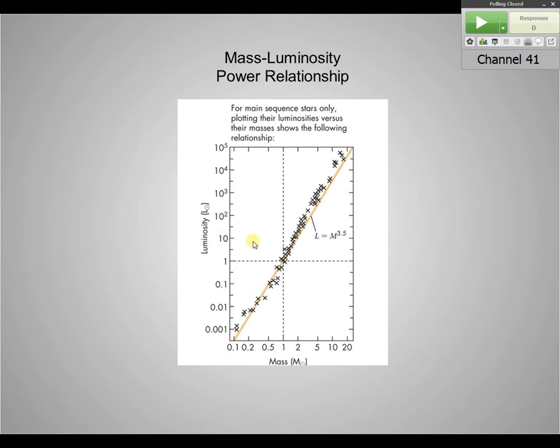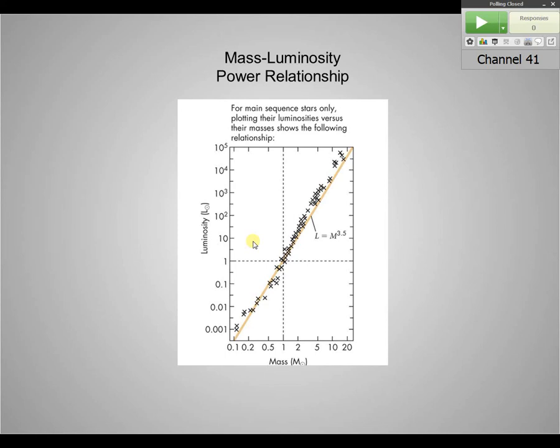Similarly, on the y-axis, you've got luminosity as measured compared to the luminosity of the sun. See the subscript there again with the circle with the dot inside, meaning the sun. So one luminosity here is one luminosity of the sun, meaning that's the same as the sun's luminosity.